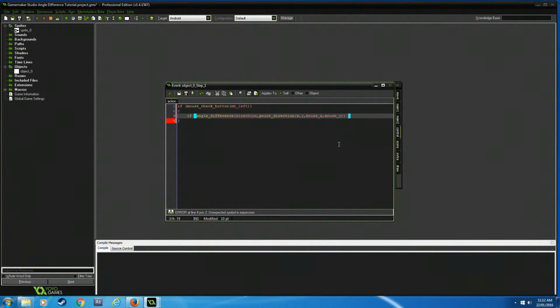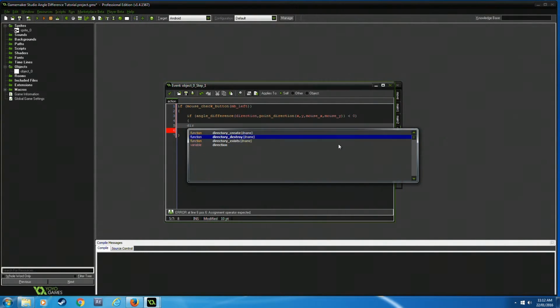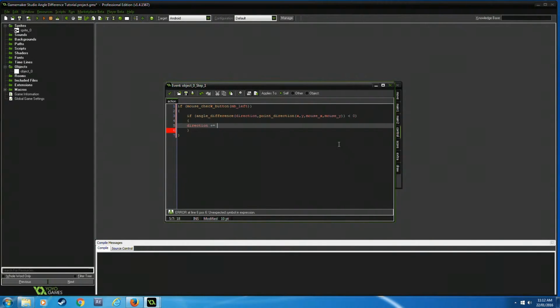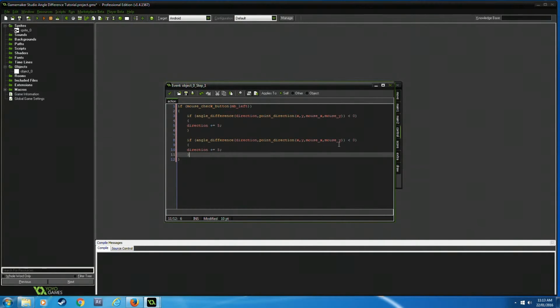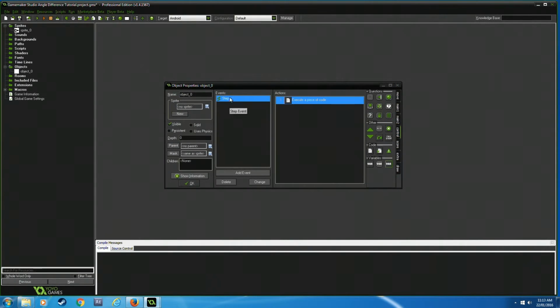So in here, we're now going to say less than 0, because we're looking for a negative or positive, and we're going to say direction plus equals 5. And we're going to now do the exact same but reverse it. So instead of here, we're going to verse the opposite side. So this covers us for both negative and positive, as you can see. So angle difference, versing direction to point direction, which is our new angle, we'll check both sides.